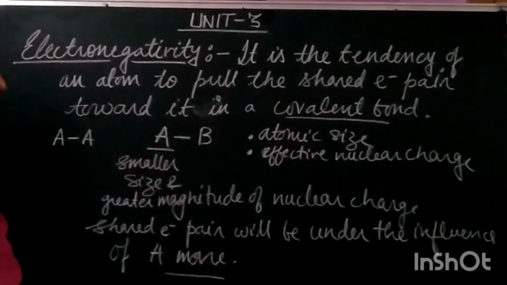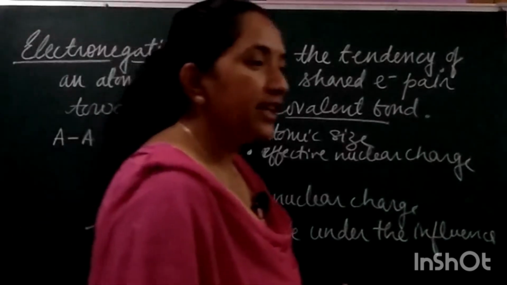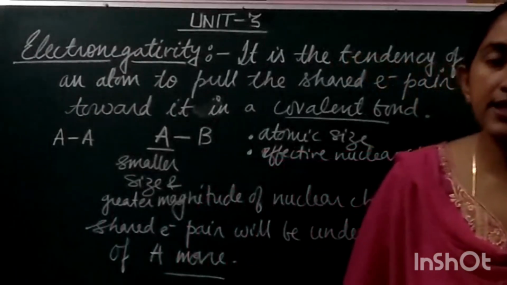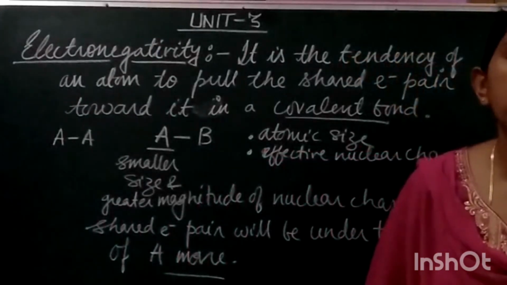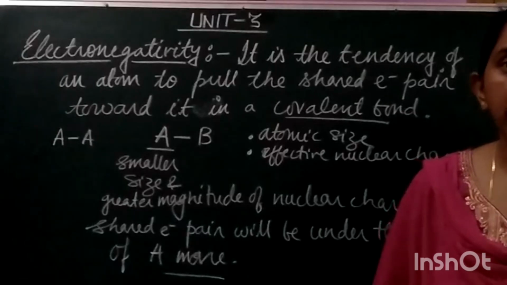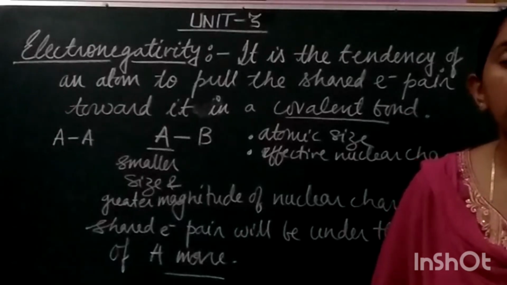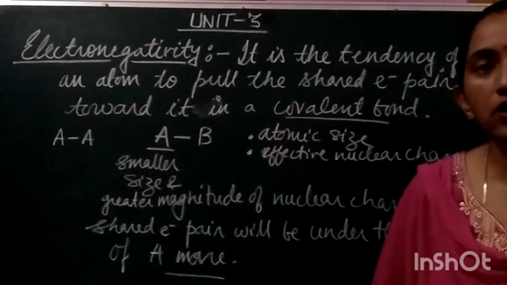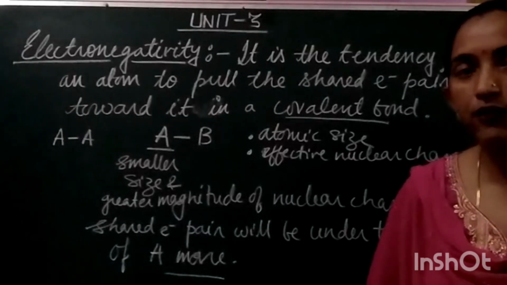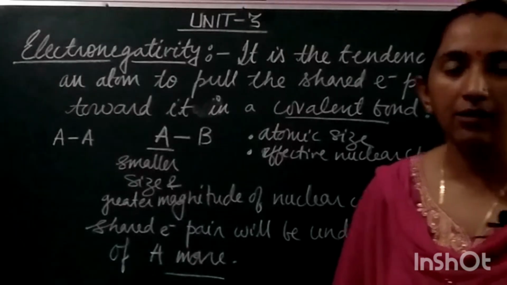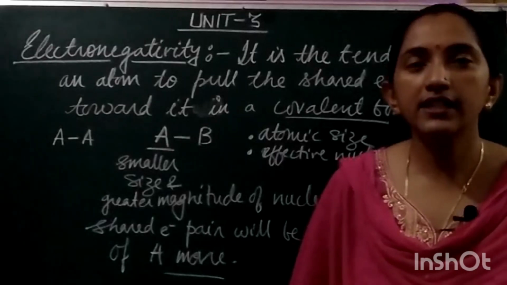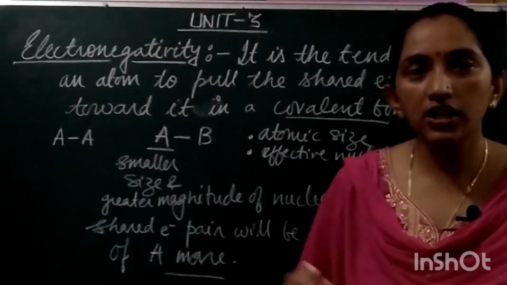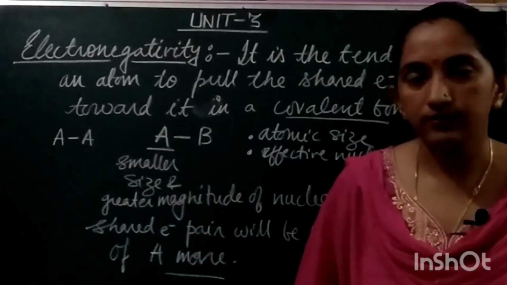right? So electronegativity is a tendency to pull the electron, but it is not the electron. Here it is the shared pair of electrons, right? So this statement, the tendency to pull the shared electron pair toward it, differentiates it from the term electron gain enthalpy. In electron gain enthalpy, students, we have only the tendency to pull the additional electron or the outside electron, right?